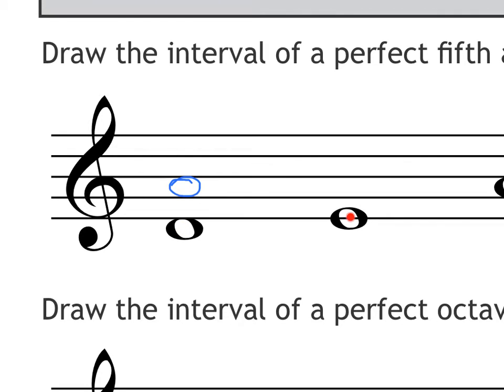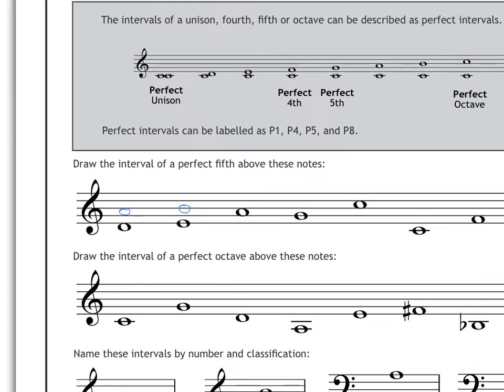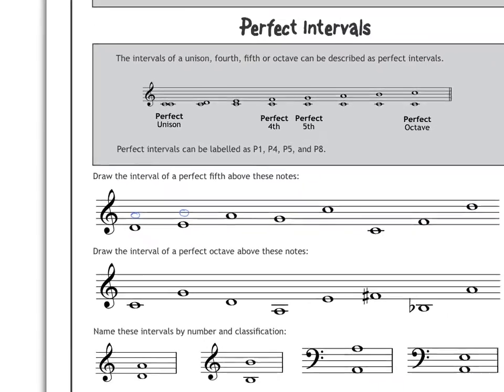Now a perfect fifth above the note E would be 5 steps up. 1, 2, 3, 4, 5. This time my answer is on the line. There. So I've got a fifth here and a fifth there, and I can just carry on counting that interval of a perfect fifth above these notes.